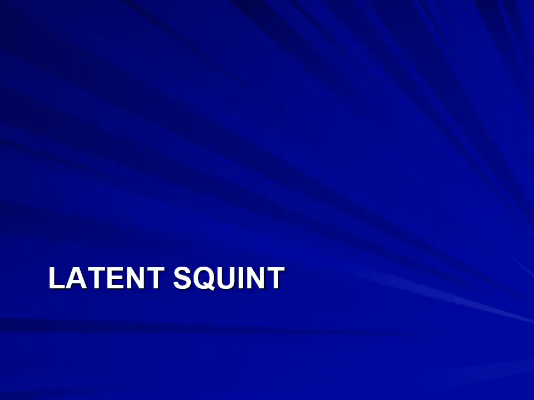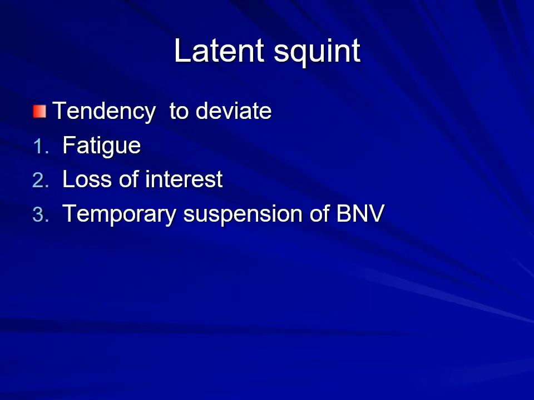Another type of strabismus we are going to study is latent squint. In latent squint there is a tendency to deviate. This patient appears to the population as not having squint.